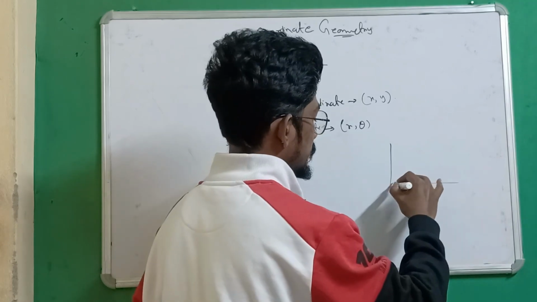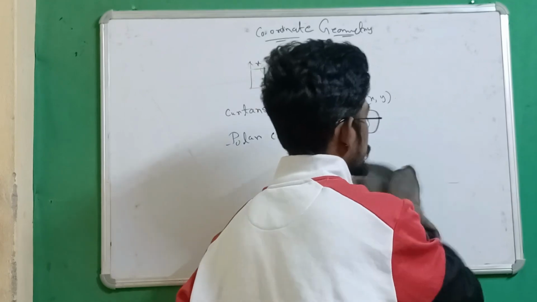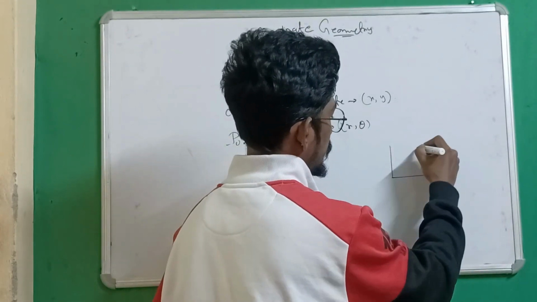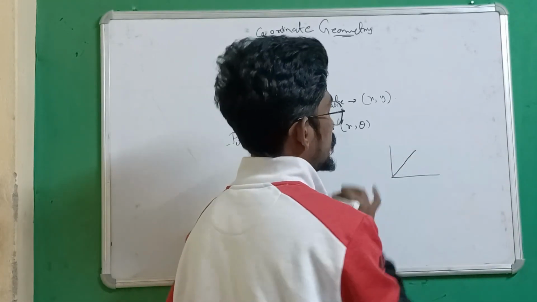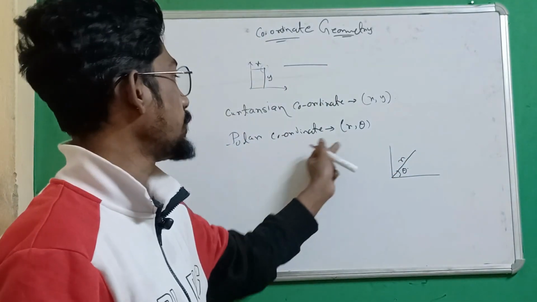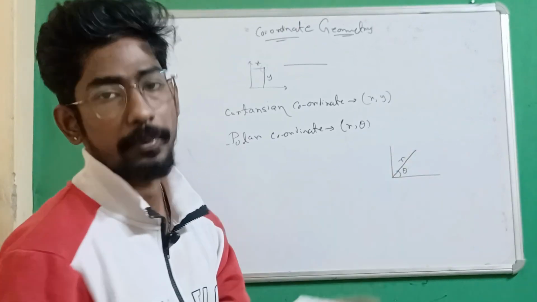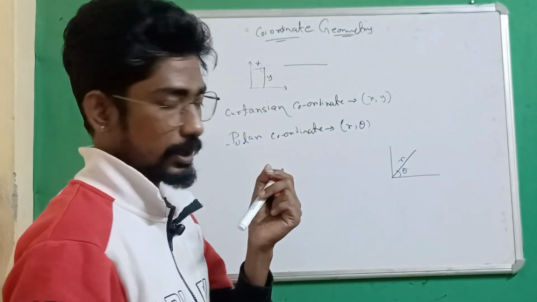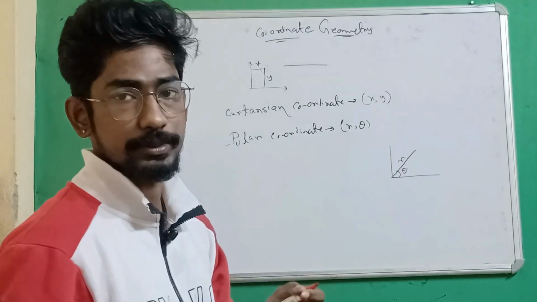The distance of the point from the origin is known as r, and the angle made is known as theta. This is how in polar coordinates you mark any kind of point, the locus of the point, right? In the Cartesian coordinate, you mark the distance from the axes as the coordinates of the point.